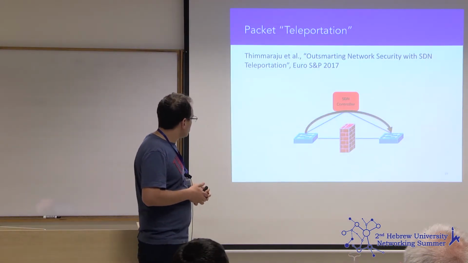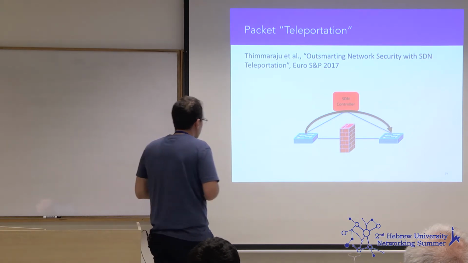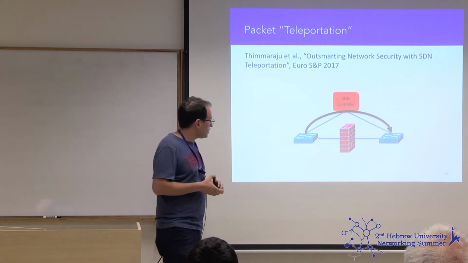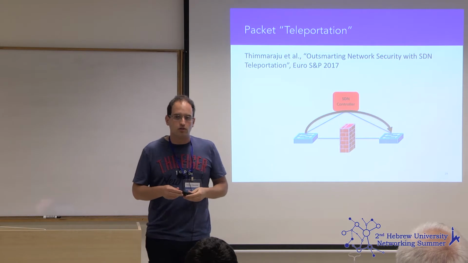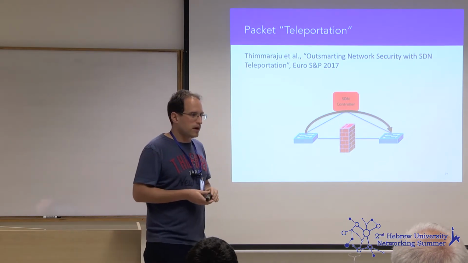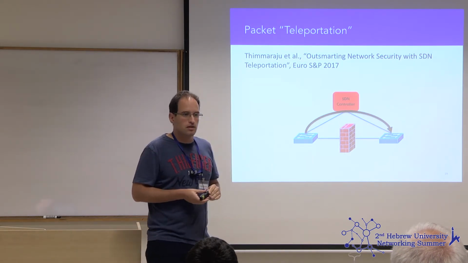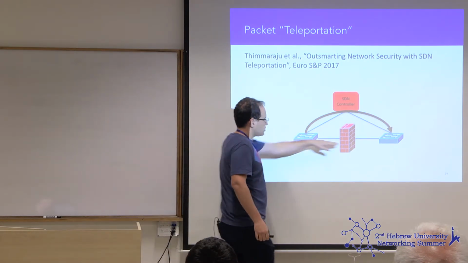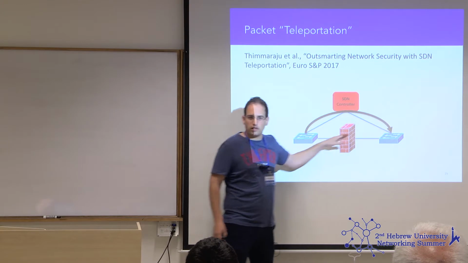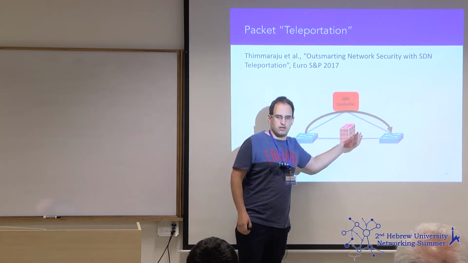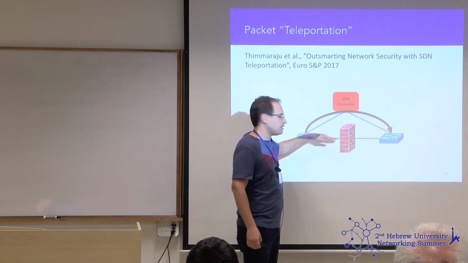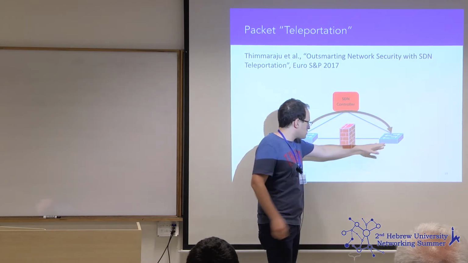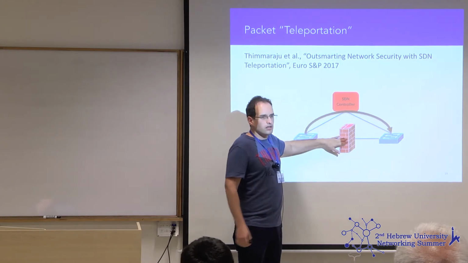This is one recent cool work that shows how an SDN controller can be used in order to bypass security mechanisms. Usually packets would go from this switch to this switch, for example, through a firewall. Let's say we have a physical firewall in place such that everything that flows from this switch to that switch goes through this firewall.